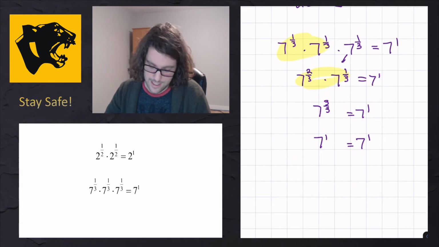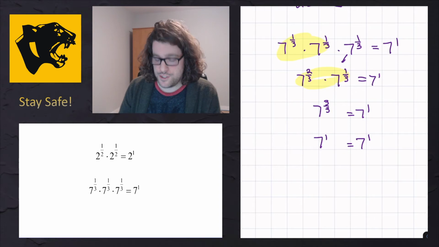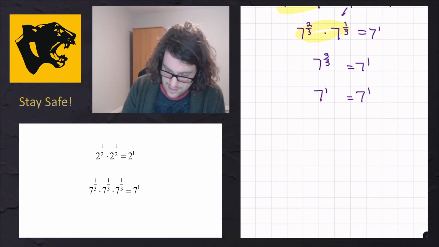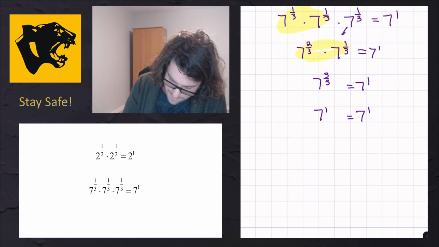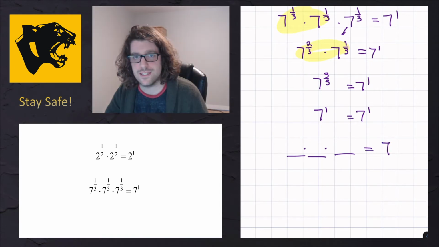And we're hoping that it is. So if that was true, another way of stating that exact same problem is to say that if we're looking for something that when multiplied together 3 different times gives us 7 to the 1, which is the same thing as 7.